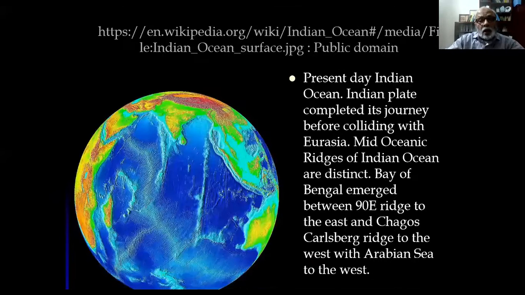Okay, this is the present-day Indian Ocean, which has completed its journey, and it has formed a long Himalayan belt here. This is my country, Bangladesh, and this is your Bay of Bengal, and this is the Indian Ocean. In the Indian Ocean you have three distinct mid-oceanic ridges, one here, and one here, and this is the meeting place. India was initially here, and Australia also was here, and then it started moving.